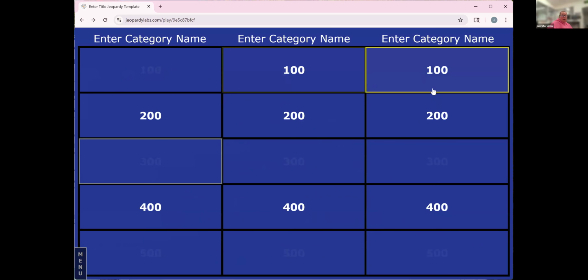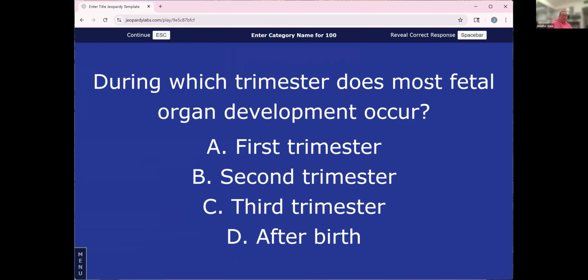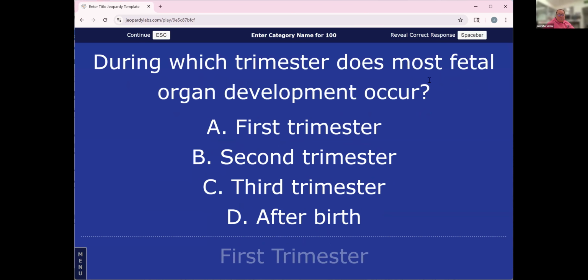All right. Let's do 100. During which trimester does most fetal organ development occur? B. Isn't the second trimester? We got one for second. Anybody for first? Anybody for third? Yep, this is the problem sometimes.